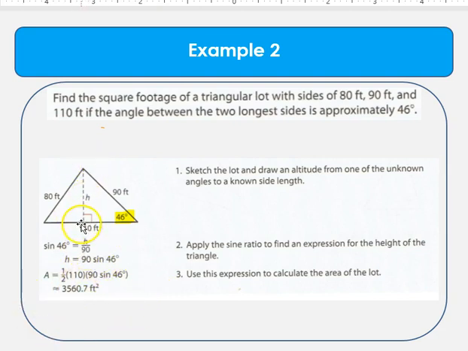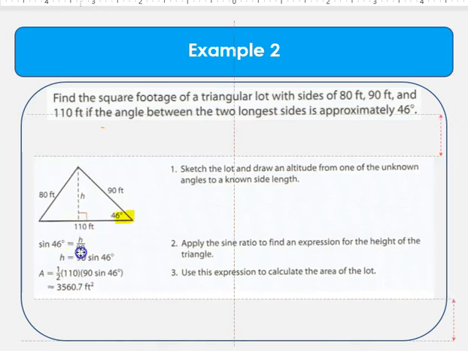So let's apply the sine ratio to find the height. So sine of 46 will be the opposite, which is h, over the hypotenuse, which is 90. And multiply both sides by 90, and you get h equals 90 sine 46 degrees.